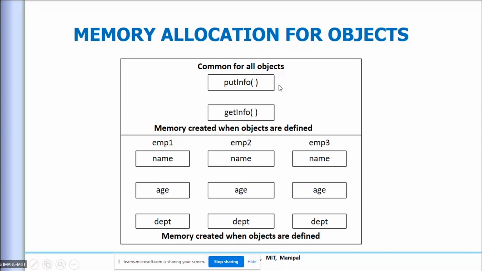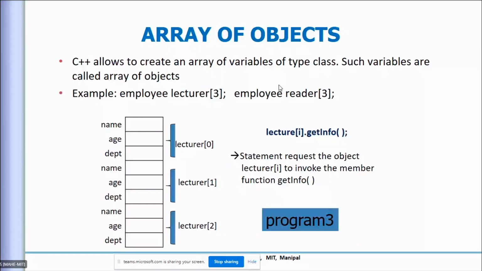With this we'll go for the array creation. When I create an array of objects, how is it going to change? Now let us take an array of objects. You have already come across an array of integers, an array of floats. There, only one object is a complex representation, correct?